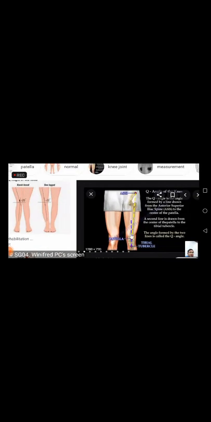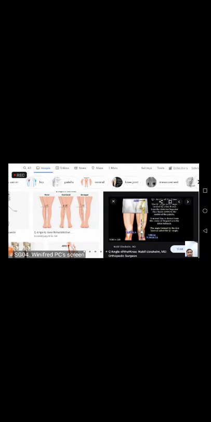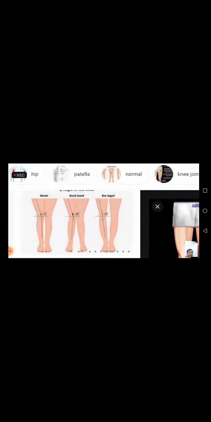What we have to do is draw an imaginary line from the ASIS to the center of the patella. From ASIS to the center of the patella we draw one line, and the other line is from the tibial tubercle straight, towards the center of the patella and above, to the mid thigh.